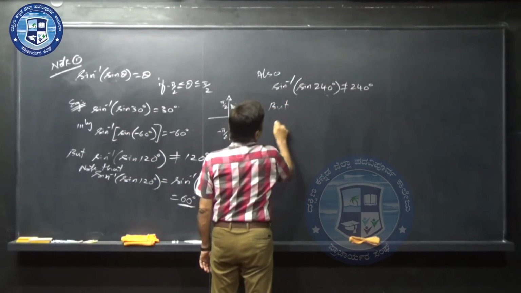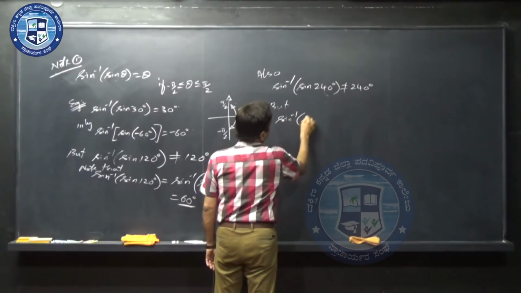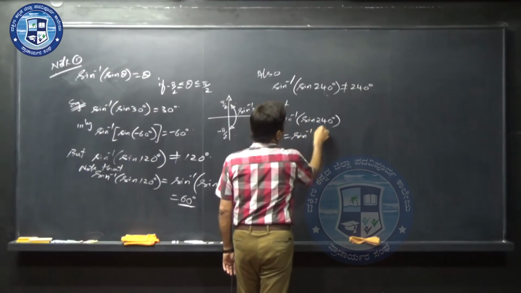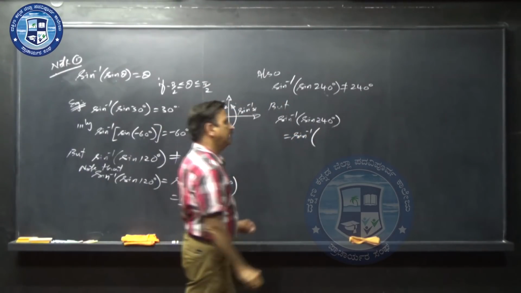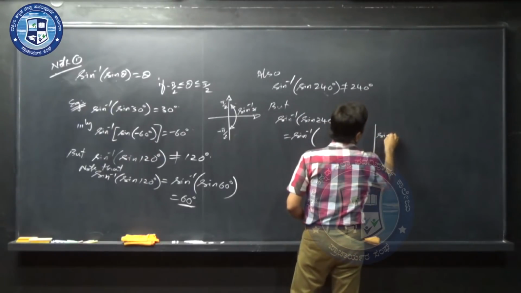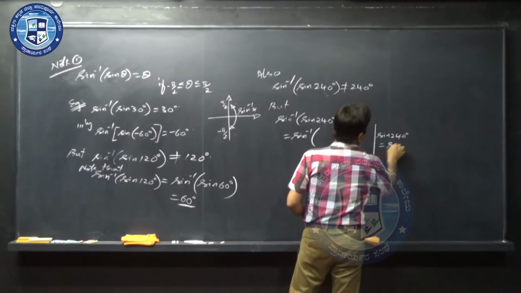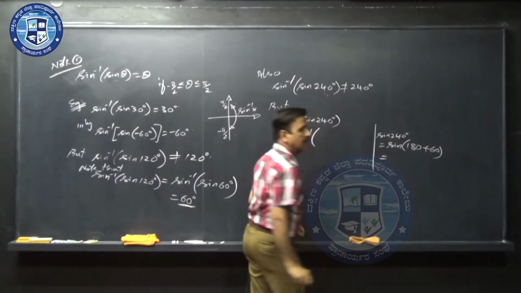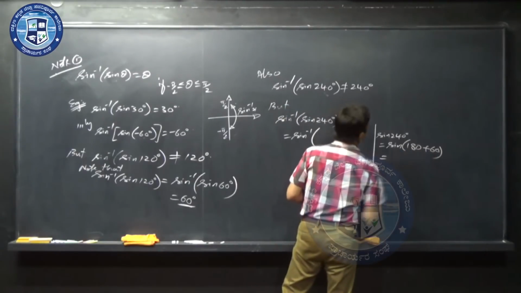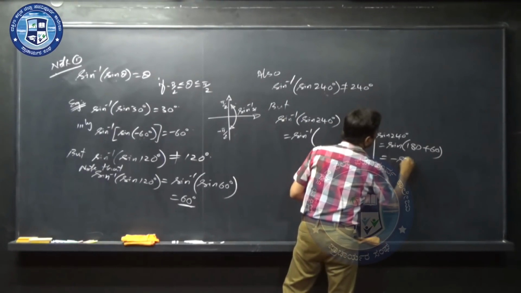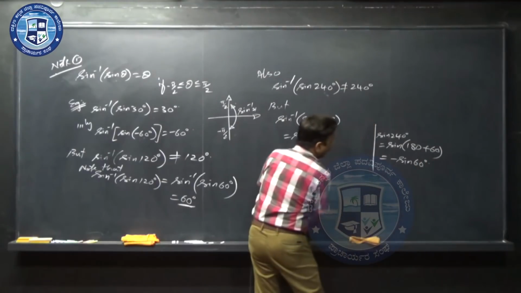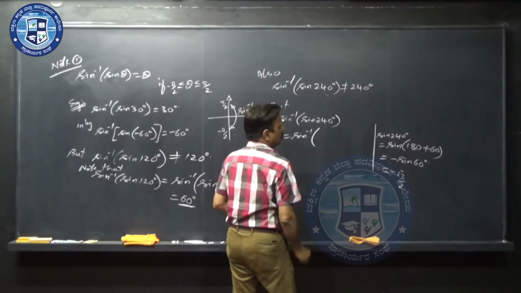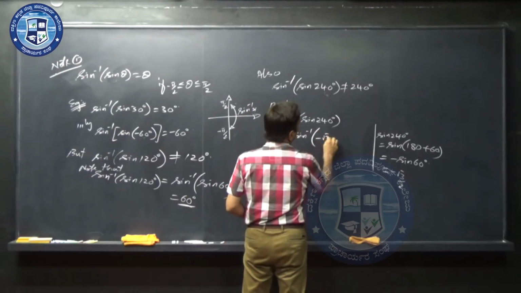But how do you analyze? Sine inverse of sine 240, this we analyze: sine 240 degree equals sine of 180 plus 60. 180 plus theta is in the third quadrant, so it is minus sine 60, that is equal to minus root 3 by 2.